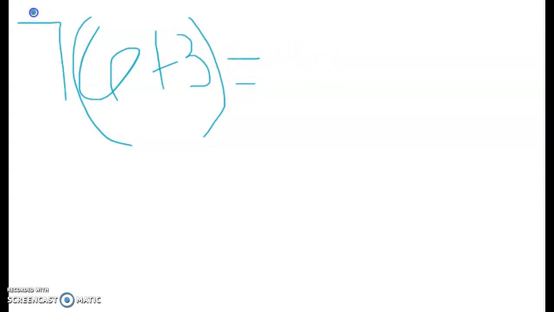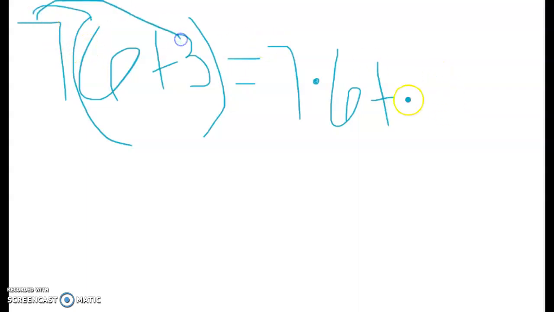We're going to distribute our 7 to our 6, so 7 times 6, plus our addition sign, can't forget that. Now we distribute our 7 to our 3, so we have 7 times 3.